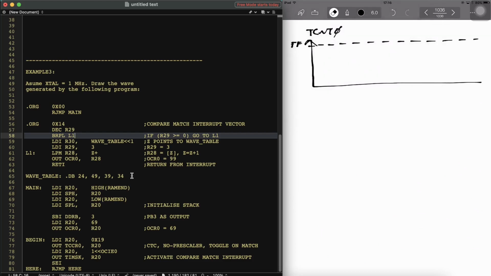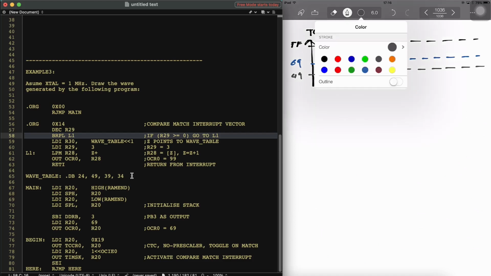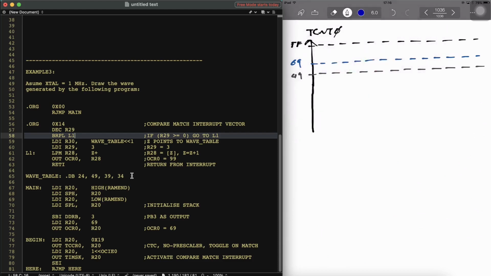So maybe I should erase that until I set those values. The highest is, let's put that down first, 69. So let's put 69 somewhere here. I'm just trying to be more colorful so that we can distinguish the values. Then we have got 49 as the second highest. And then we have got 39.